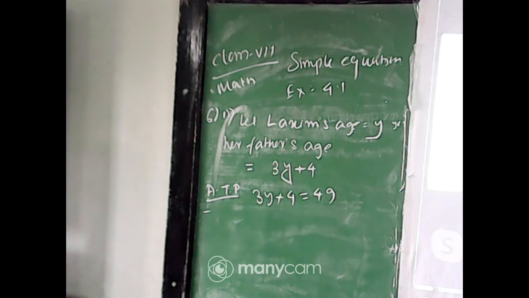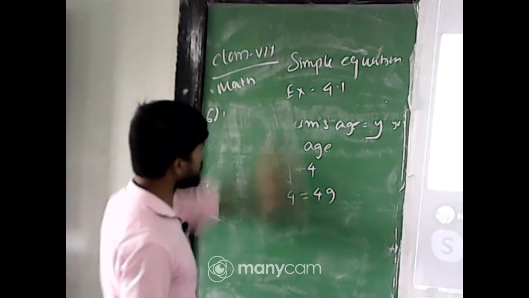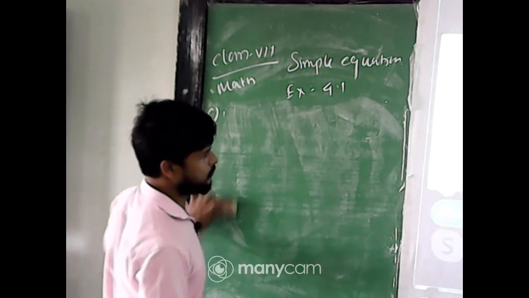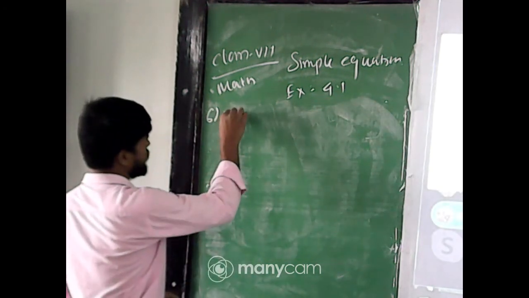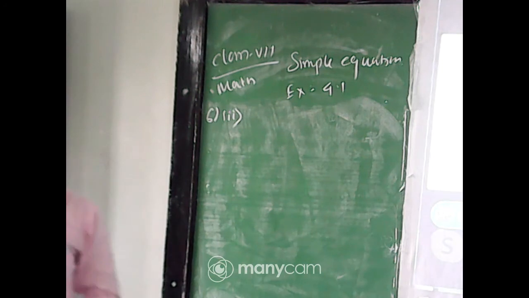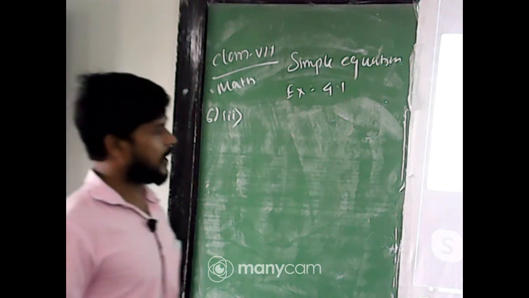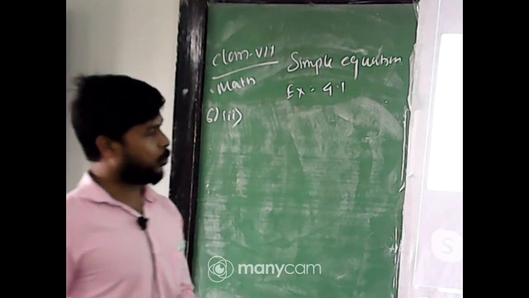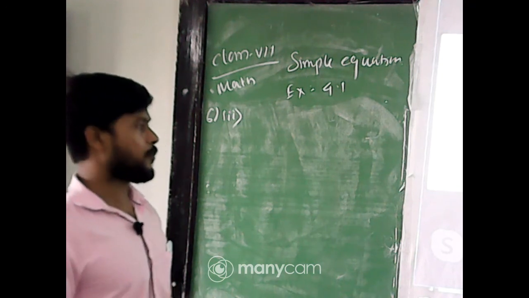Now question number 3. Question number 3. The teacher tells that the highest marks obtained by the students in her class is twice the lowest marks plus 7. Means the highest marks the person gets is twice the lowest marks plus 7.